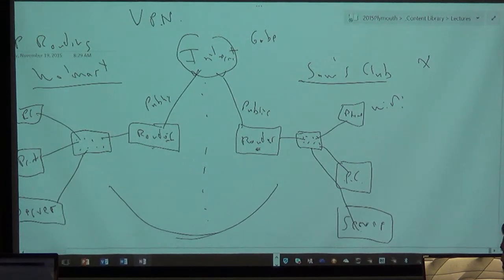VPN between the two. But we're not even going to try to follow those concepts. We're just going to pretend that the internets don't exist.